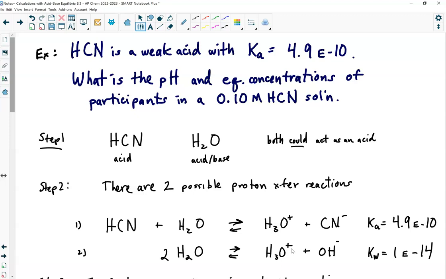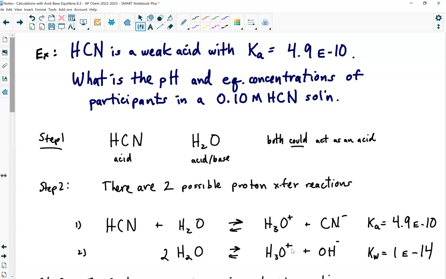Looking at this equation at the bottom of the slide, H2O plus H2O, they collide, and then one of the hydrogens goes to the other water and makes H3O+ and leaves OH minus. That also has an equilibrium constant that we know was 1 times 10 to the negative 14. You hopefully recall that, and it was called Kw, the equilibrium constant for the self-ionization of water.